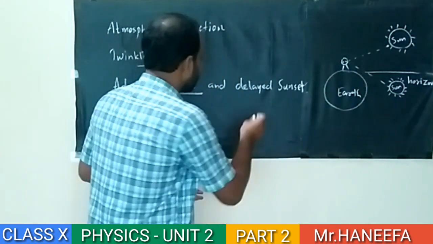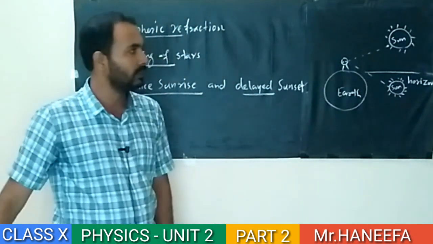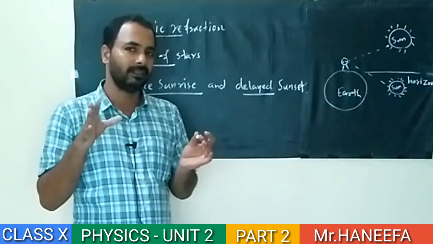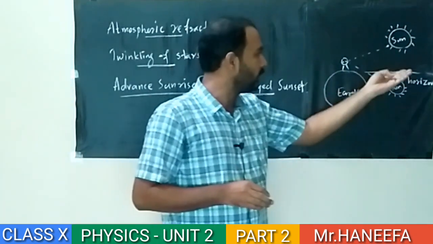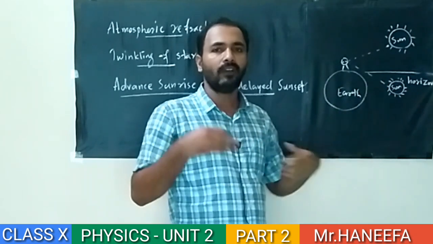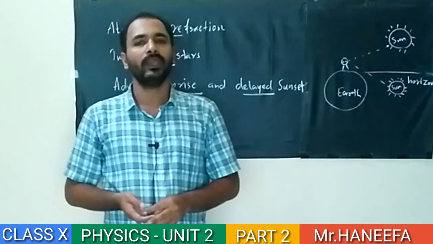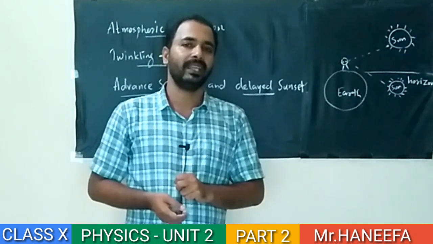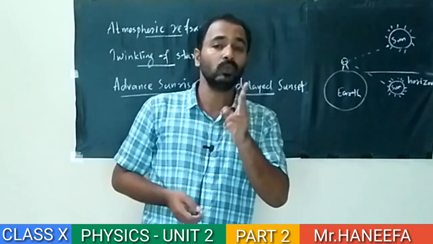What is delayed sunset? What is the meaning of sunset? Sunset means the sun is below the horizon. After the sunset, we can still see the sun for 2 minutes.